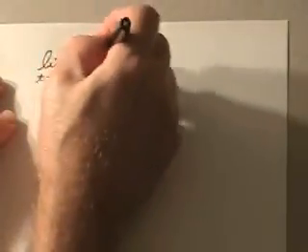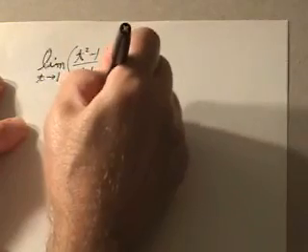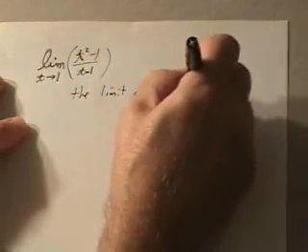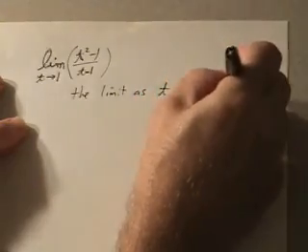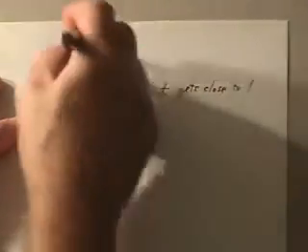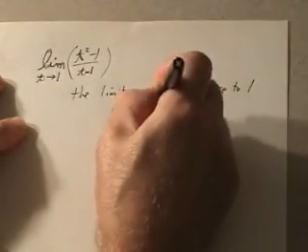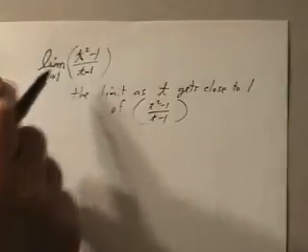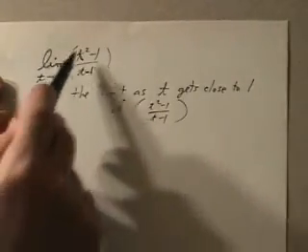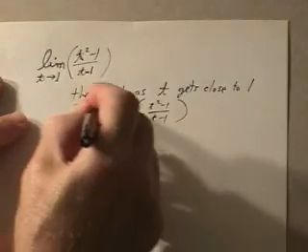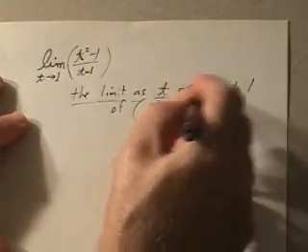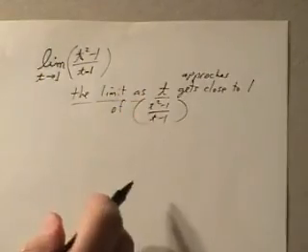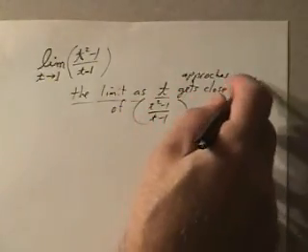This notation means the limit as t gets close to 1 of that mess. And in this case it's t squared minus 1 over t minus 1. So in English, that's how we read this: the limit as t approaches, or gets close to, 1. Same thing.